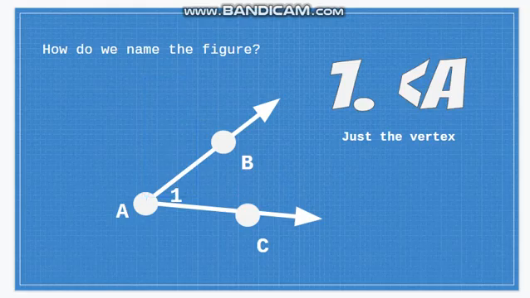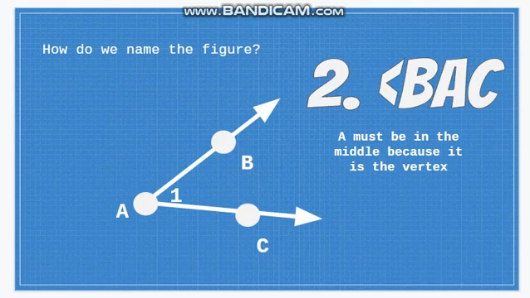Another way that we could name these to be more specific is using 3 points. So we could call it BAC or CAB. A has to be in the middle because it is the vertex, and we could not say angle BA. We could not say that because that does not refer to a whole angle. That's just a ray.